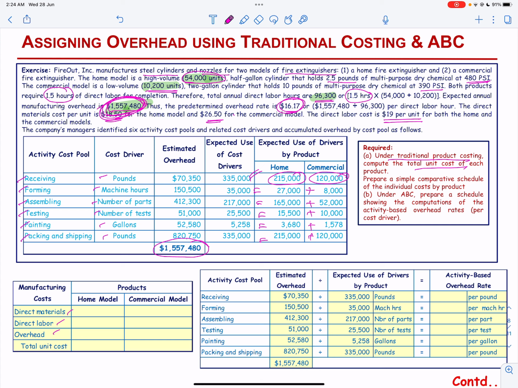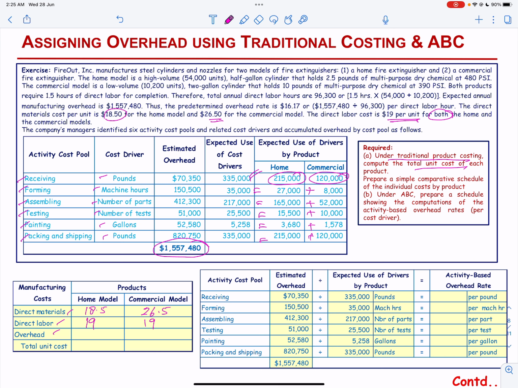We have the 3 components, and the direct material is given at the rate of 18.5 for the home model, and for the commercial we have 26.5. Regarding the direct labor, it is the same. It is given in the question. The direct labor cost is 19 per unit for both. So we have 19 in both the cases.